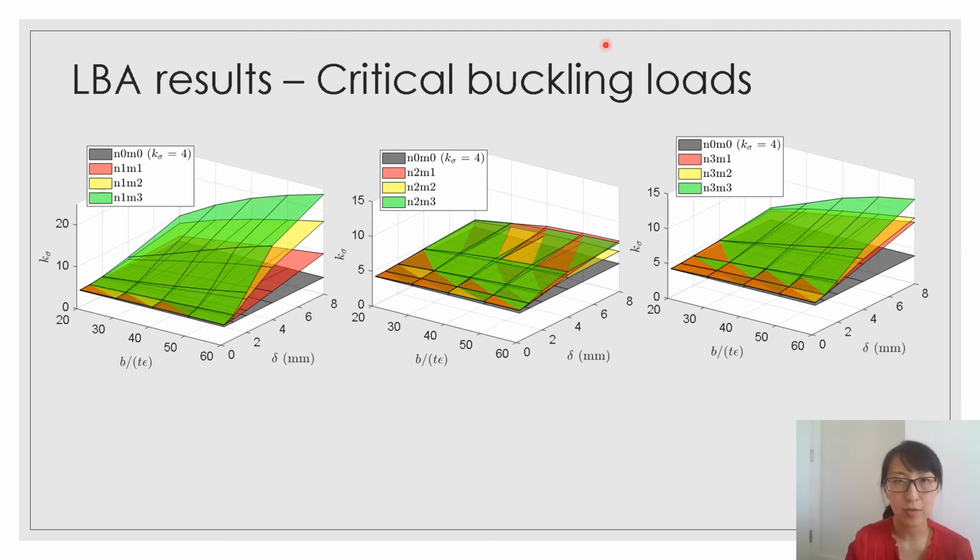Overall, increasing the longitudinal wave number can increase the buckling resistance significantly, as you can see by comparing the green, yellow, and red surfaces in each figure. But increasing the transverse wave number, by comparing the same color in the 3 figures, we can see that it doesn't have a clear trend.